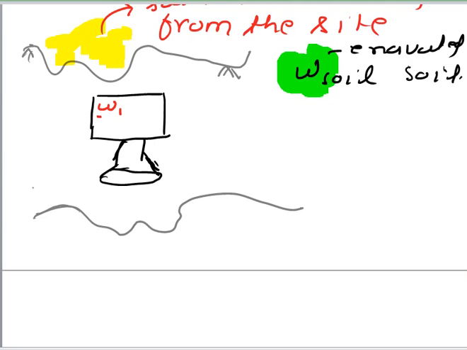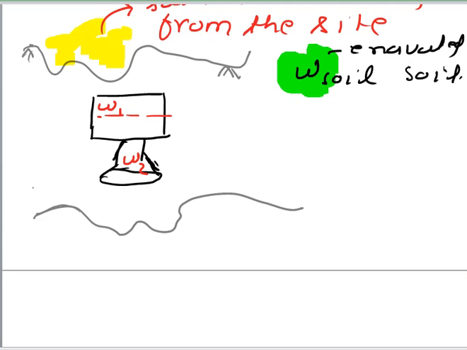After filling the pouring cone, let the weight that remains be W2.